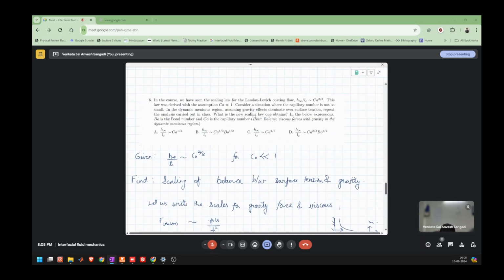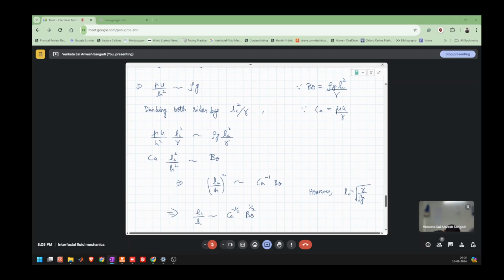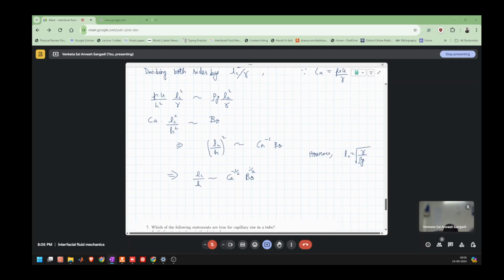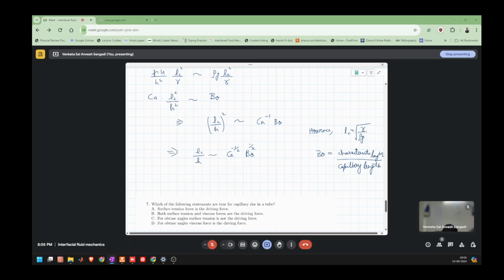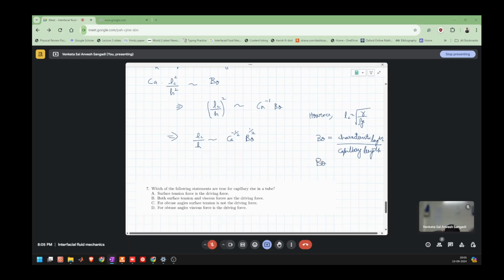And in this region, we know that the bond number is equal to the characteristic length by capillary length, so the bond number in this region is 1.